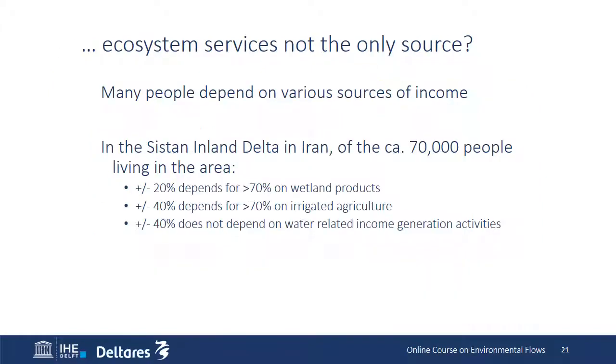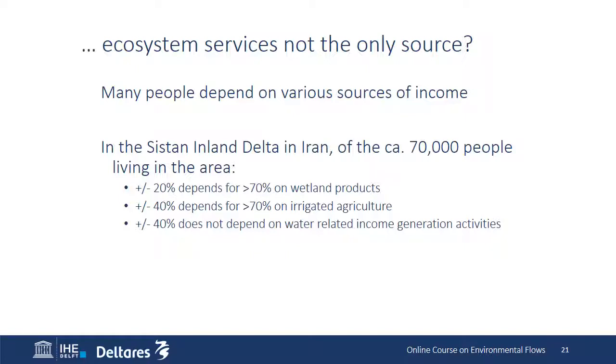Another question is, are ecosystem services perhaps not the only source of income? Generally, poorer people diversify their livelihood strategies, and they may make use of various sources of income. This was, for example, the case in the Sistan Inland Delta in Iran. About 70,000 people live in that area, and about 20% of the people depended for more than 70% of their income on wetland-related activities.